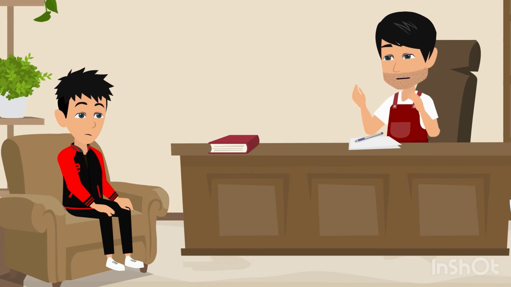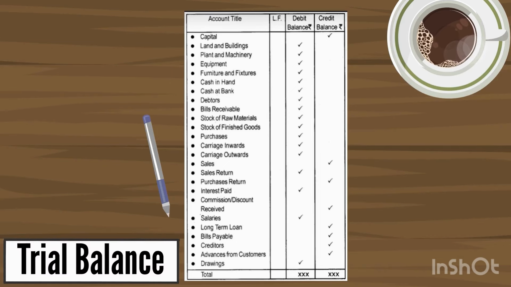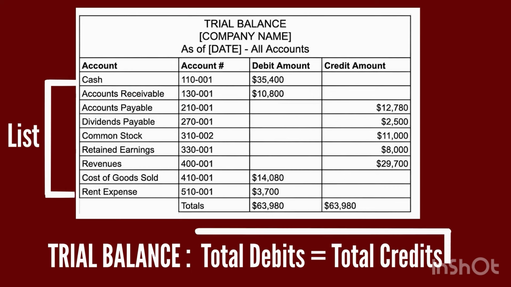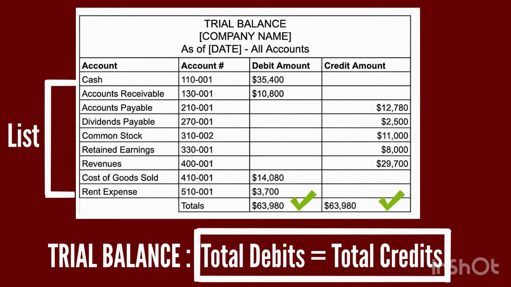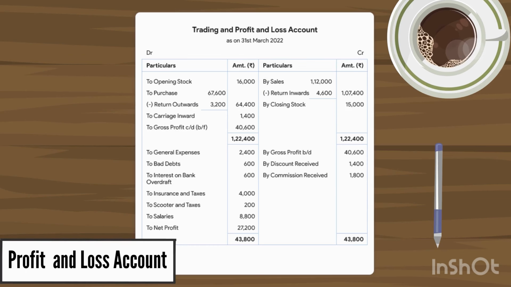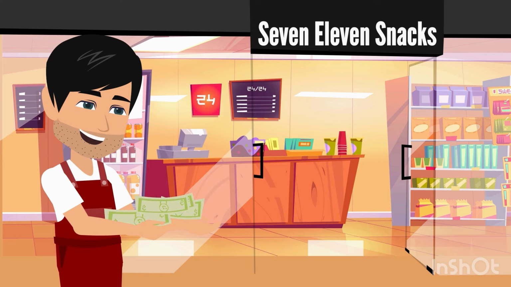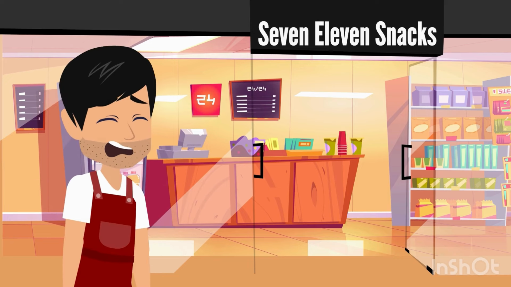See, this is the trial balance. A trial balance is a list of all account balances to check if total debits equal total credits, ensuring the accounts are correct. Now, see this. This is the profit and loss account. In simple words, it's a report that shows if a business made a profit or a loss during a certain time.